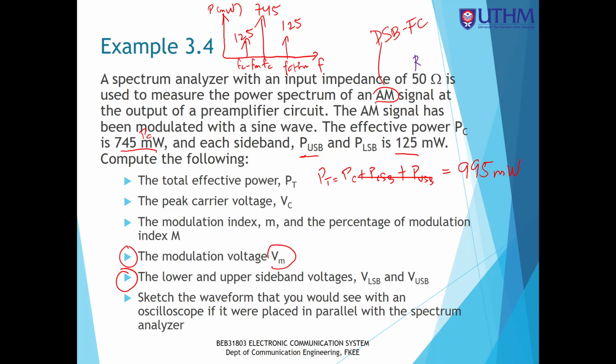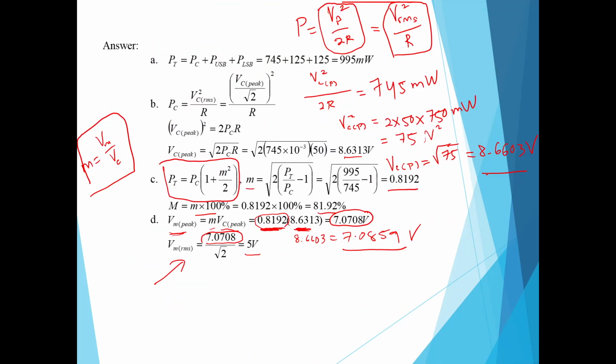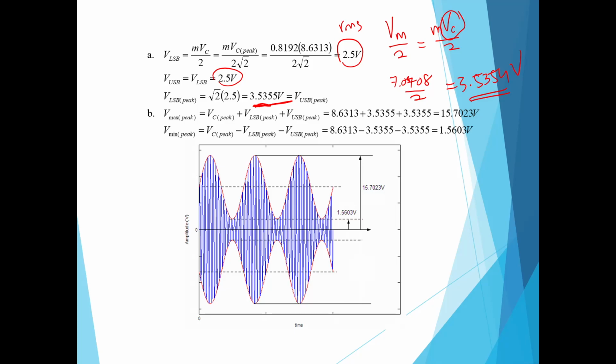So if you get this kind of question in the test or final exam, you can choose either one, peak value or RMS value. One value is enough, no need to write both values.